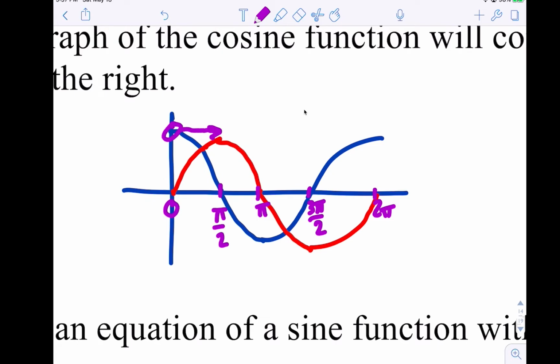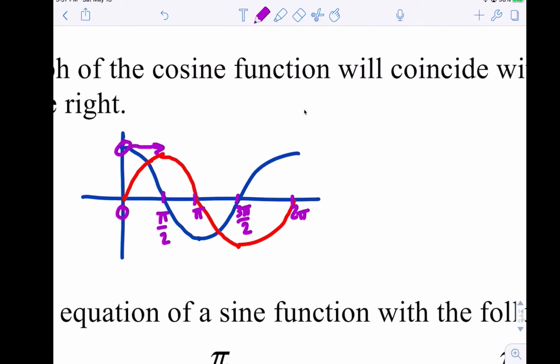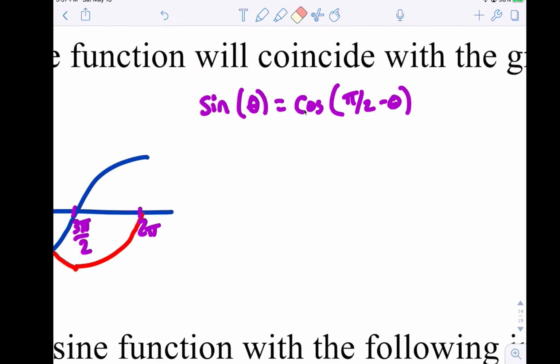Now there's also an identity. They're called cofunction identities. It's pretty much sine of theta equals cosine of pi over 2 minus theta.